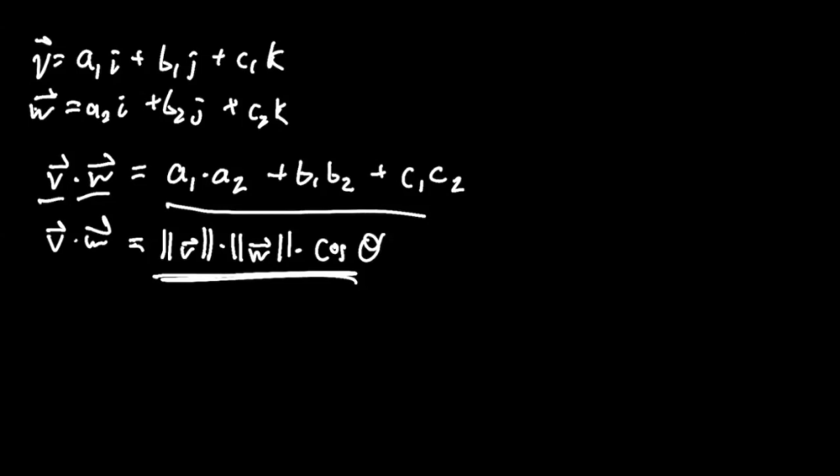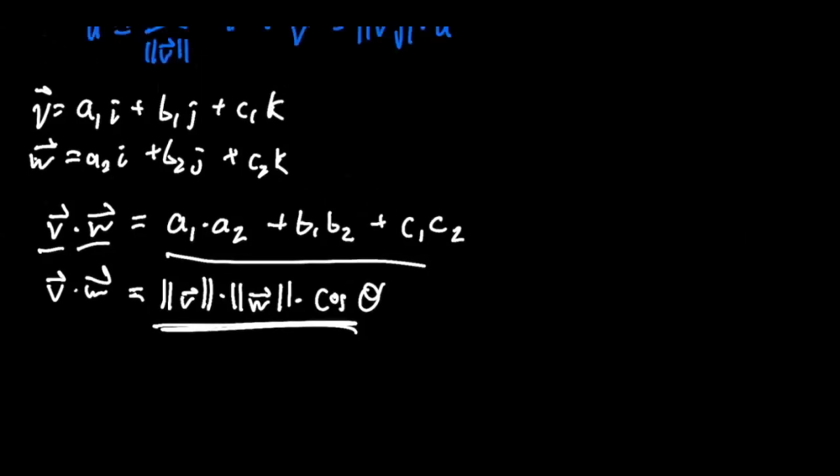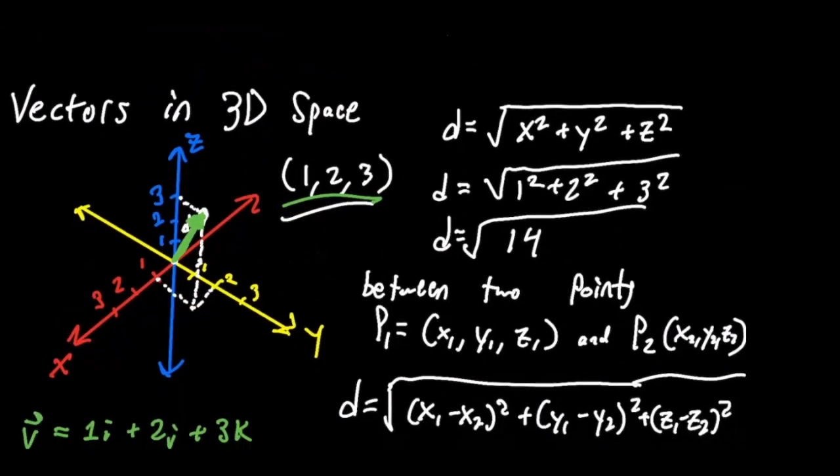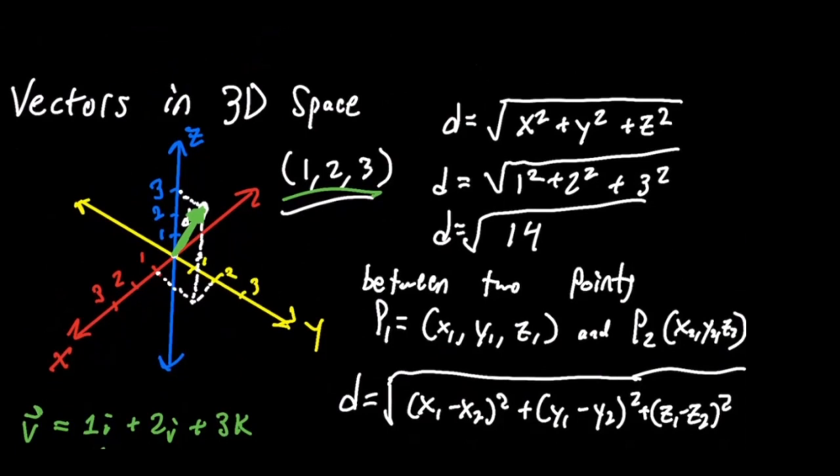So all of this information can be found in the book. I just wanted to go over a quick overview of what vectors in 3D space look like. As I mentioned, most of these properties are very similar to two-dimensional vectors. In our next video, we're going to finish up vectors in 3D space, and then finally, we're going to finish our unit with the cross product, so the other definition of multiplication, which I think will be pretty fun.